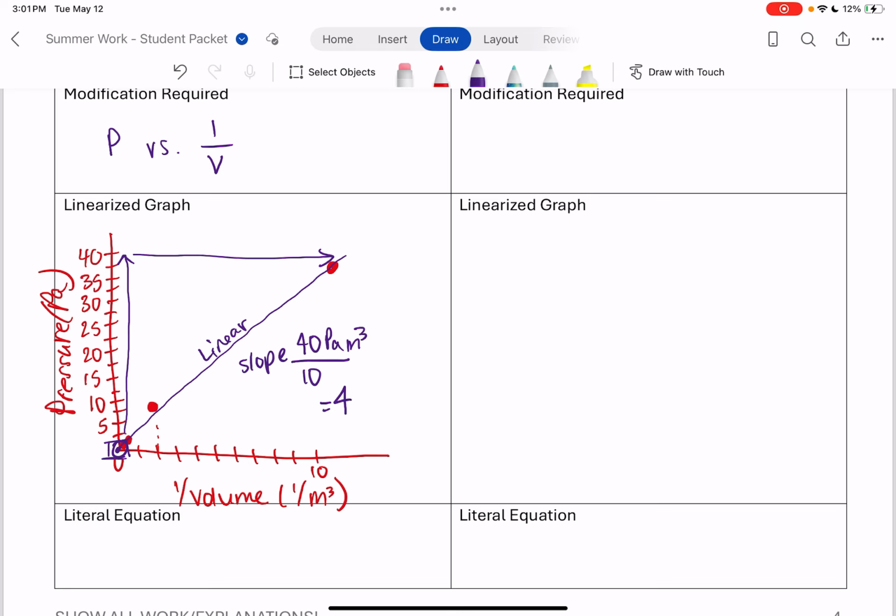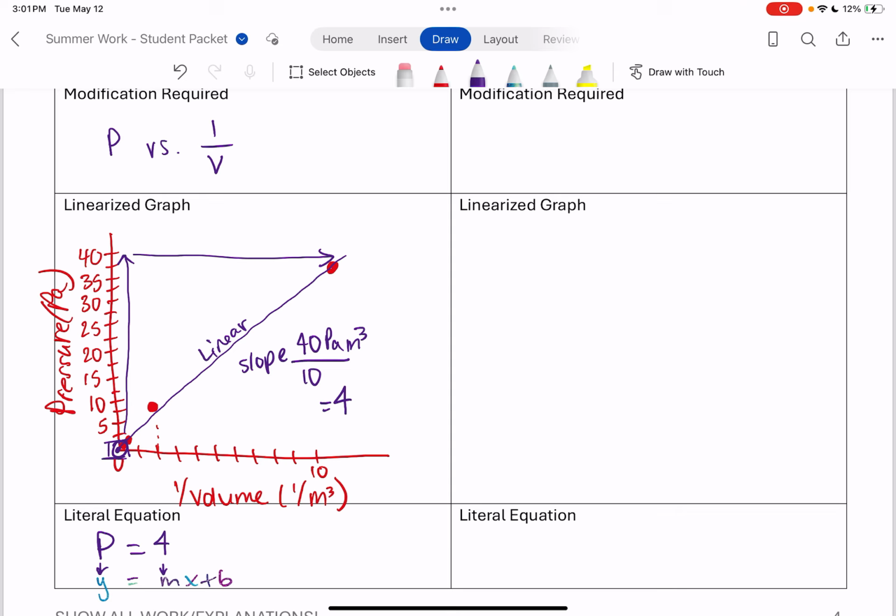So my literal equation is, instead of y and x, we have to use what's on the y-axis, which is pressure, equals slope. In case you're not following, we're taking y equals mx plus b, and we're giving meaning to it, essentially. So pressure is on my y-axis. My slope was 4.